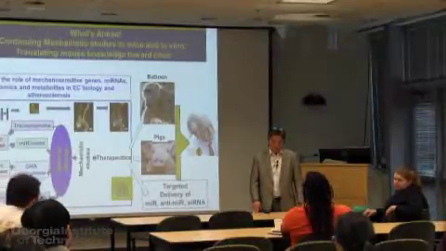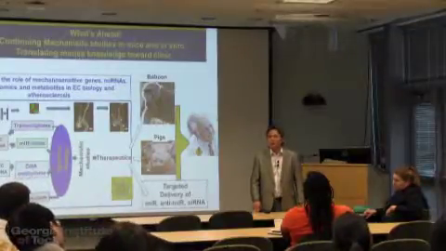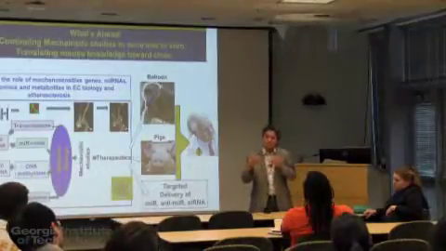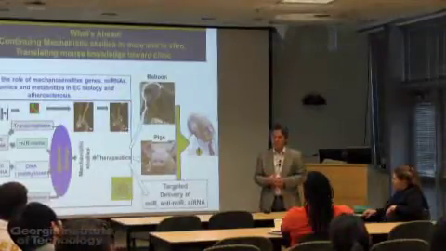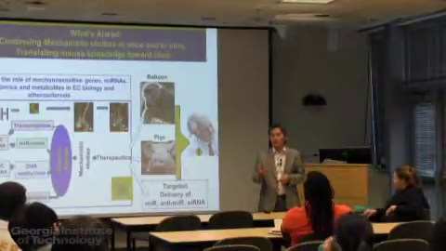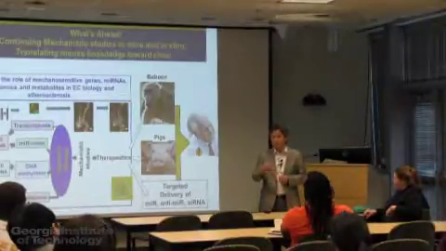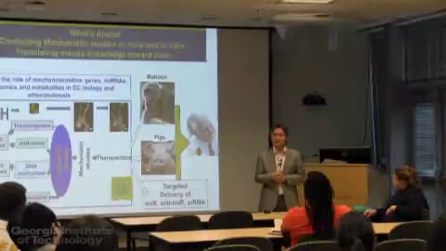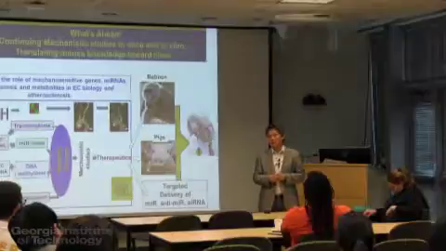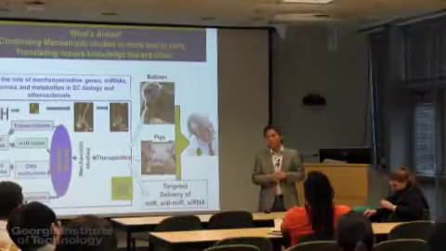DNMT1 and DNMT3 are both mechanosensitive. Although we see a lot more DNMT1 regulation, DNMT3, which is involved in the de novo DNA methylation, is also activated, but to a lesser degree compared to the maintenance methylation regulated by DNMT1.